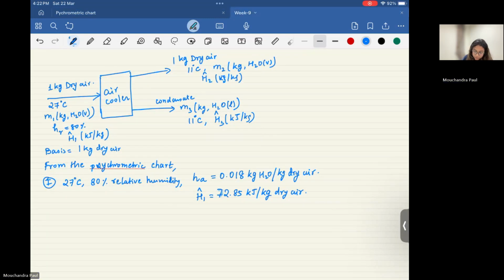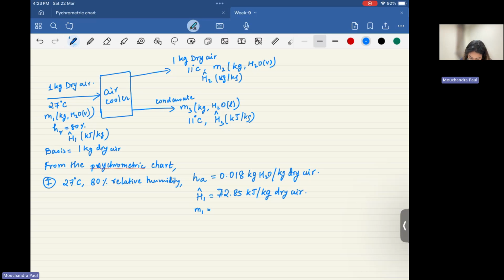So then at this condition, what will be M1? The basis is 1 kg of dry air. So M1 is the kg of water vapor.